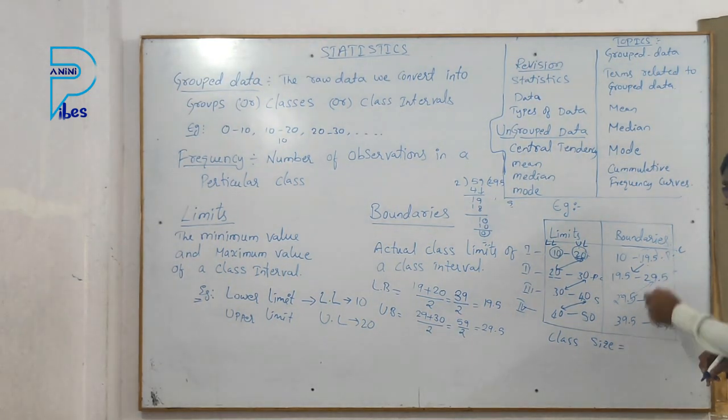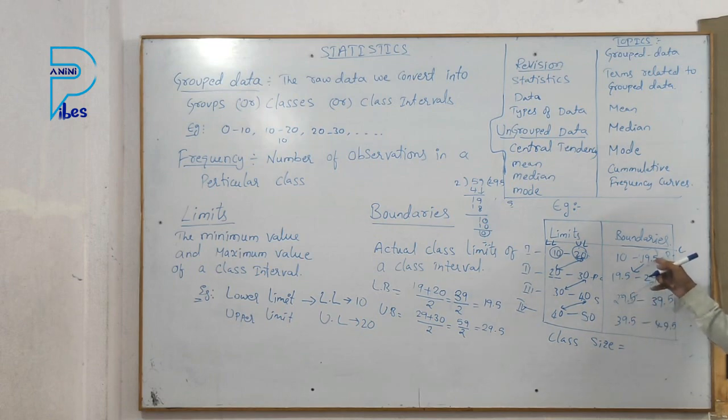In the start, the maximum value of the preceding class interval and the minimum value of the succeeding class interval have become the same. Here also it is same, here also it is same. So like this we will be converting the boundaries into normal limits. So these are called boundaries.